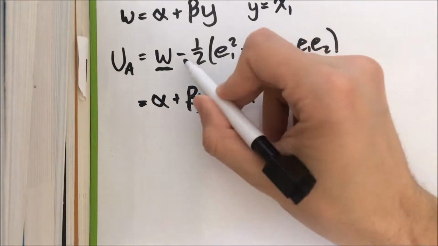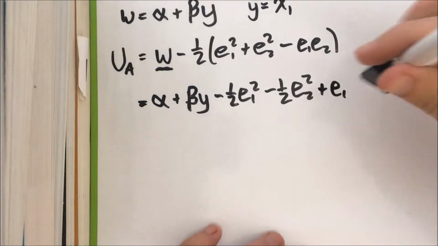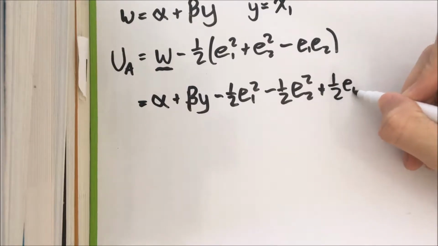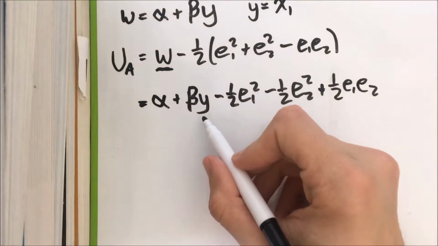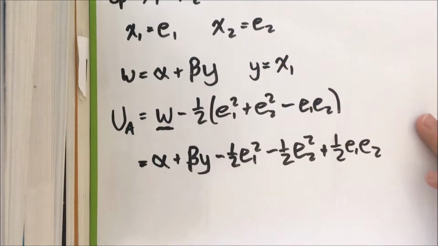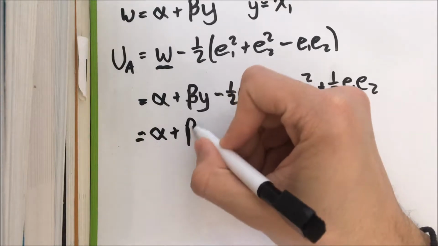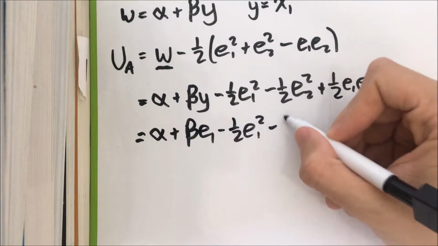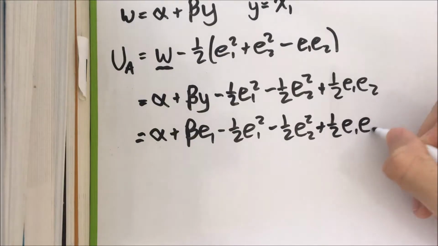As you can see, the minus and the minus makes a plus, oops, that should be plus half E1 E2. Now Y can be substituted by x1, which is also E1. So putting those two steps together, it equals alpha plus beta E1 minus half E1 squared minus half E2 squared plus half E1 E2.